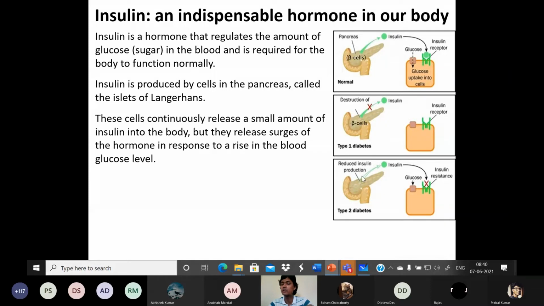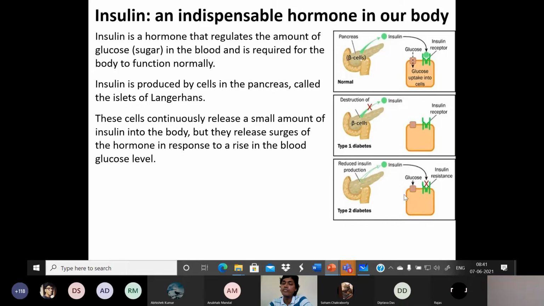But type 2 diabetes is kind of a normal metabolic disorder, and it is very prevalent in India. Here, although insulin is produced, its level is low. In addition to that, some kind of resistance happens, so although you have insulin, it is still not helping to metabolize glucose.